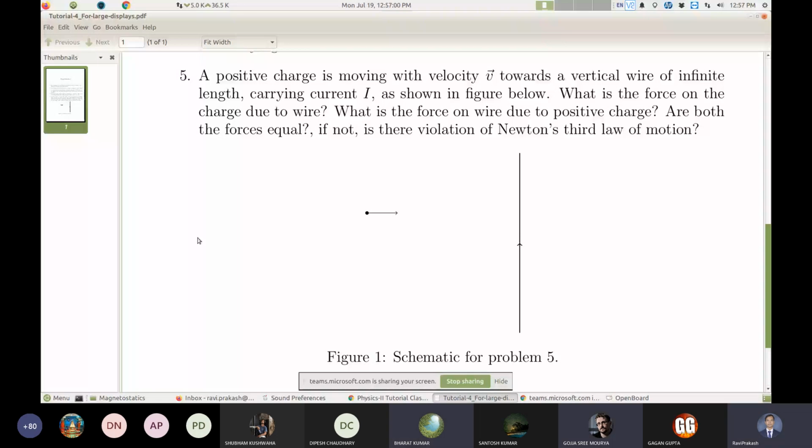Sir, for telling it equal or not, we have to solve the numericals. So my suggestion is that obviously numerics is not easy here. Try to find the directions first. Newton's law says that forces are equal and opposite. Are they equal and opposite? So equal part, let us forget for a moment. Are they opposite?